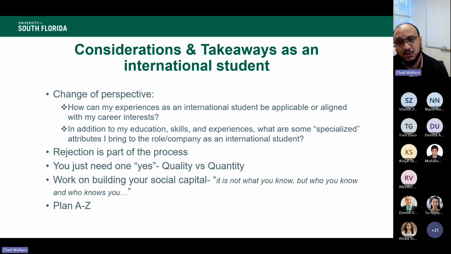Because of my cultural exposure, being able to assimilate and adapt to different cultures, or my soft skills of flexibility and all these different things. Thinking about those things is really helpful because you start having a more positive framework and a positive lens of who you are as an international student, as opposed to that limiting belief of I am just an international student.